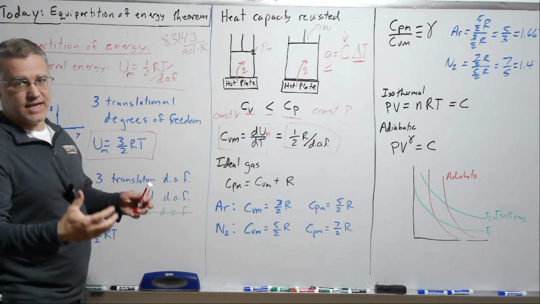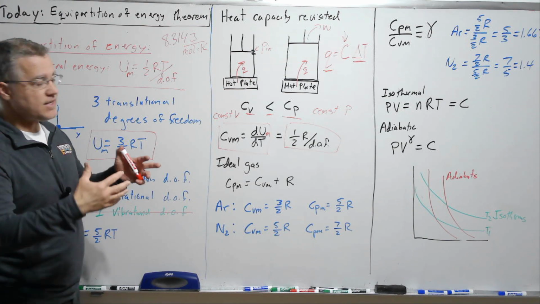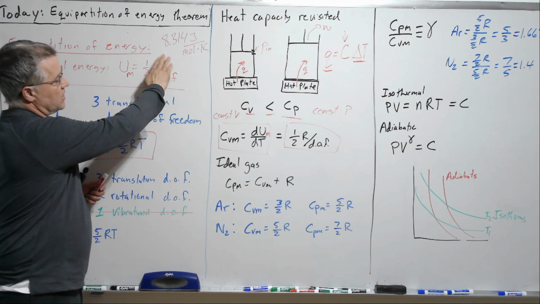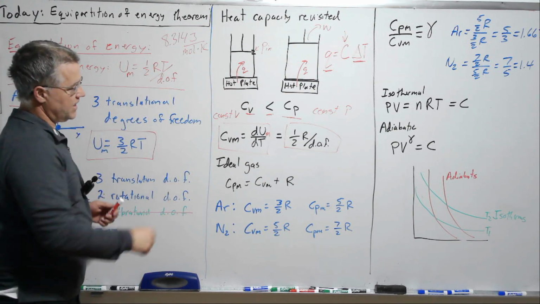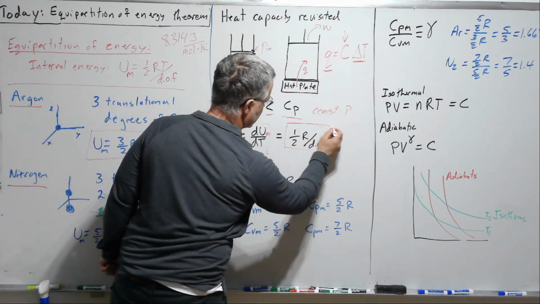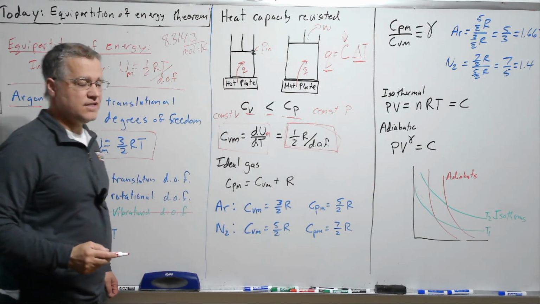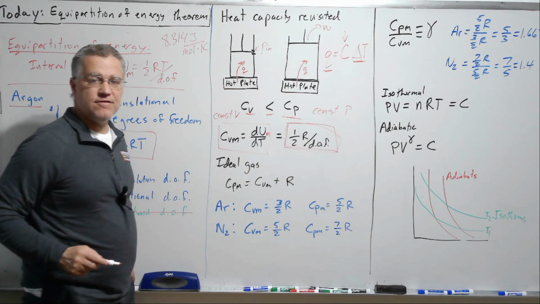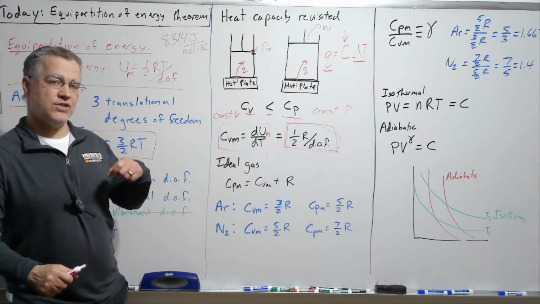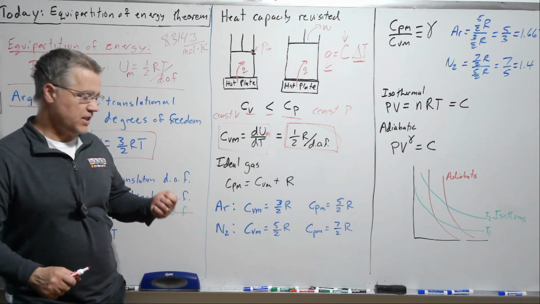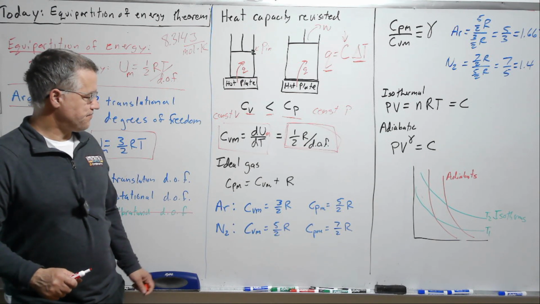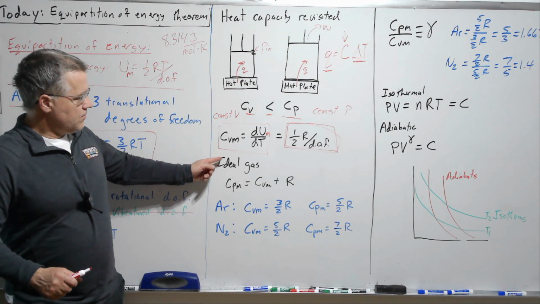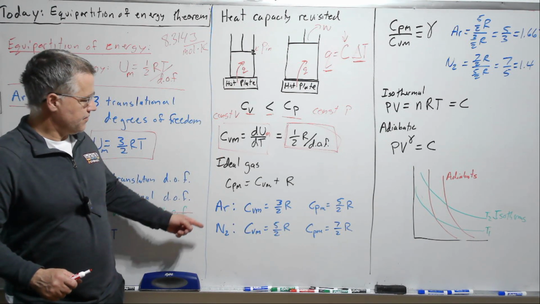We haven't done calculus, so if you've done calculus, you'll see this right away. The derivative of this is we're just going to remove the T here. That's how we would do the derivative of this linear term. If you haven't had calculus, then just take this as the result. So we get 1/2 R. Now the units are joules per Kelvin, which is the same unit as heat capacity. 1/2 R per degree of freedom.